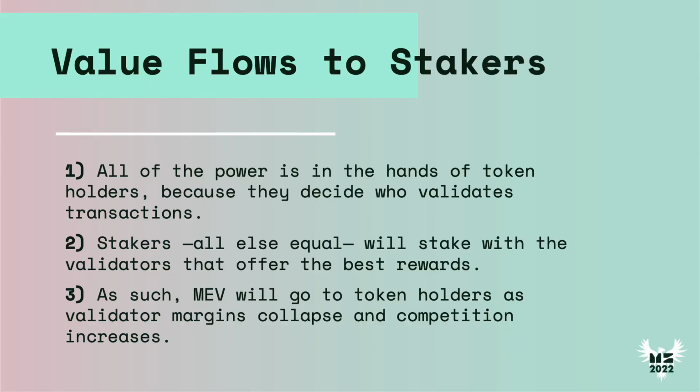Because the power is in the hands of stakers, we also believe that the value of MEV will also flow to those stakers. Because the stakers are the ones who decide which validator has stake. And the way that you get to extract this MEV or VEV is by being the validator who is leader for the block during that time.